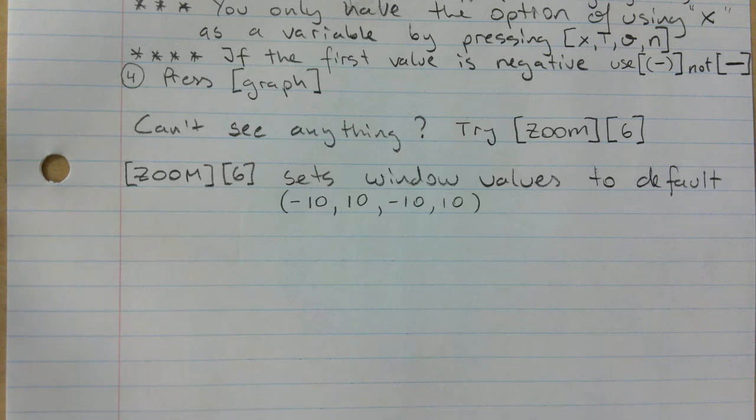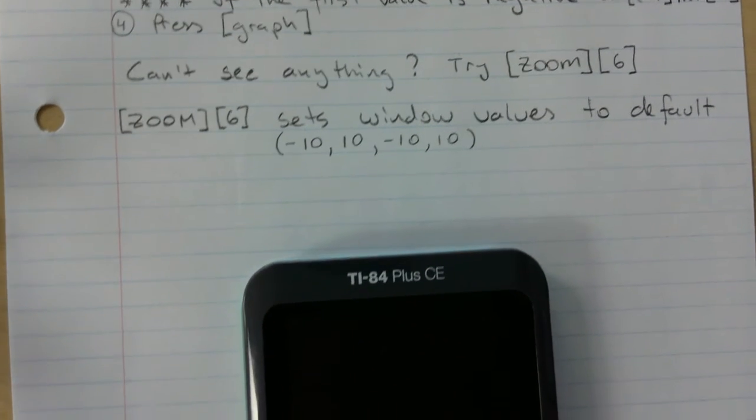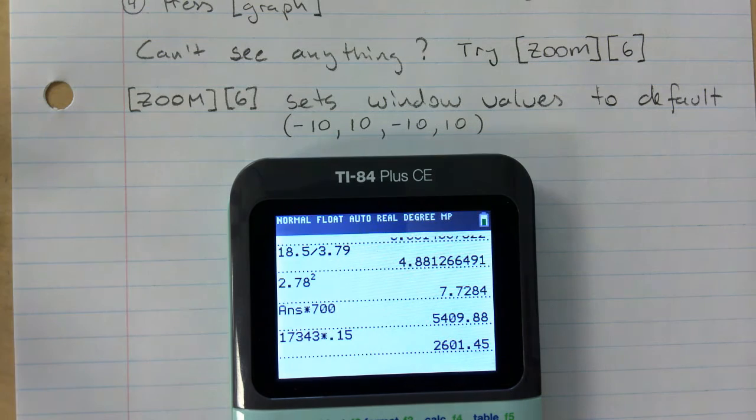Before I do window, if you have your graphing calculator, we'll just quickly do a quick trial to see if it even works for you. So turn on your screen.